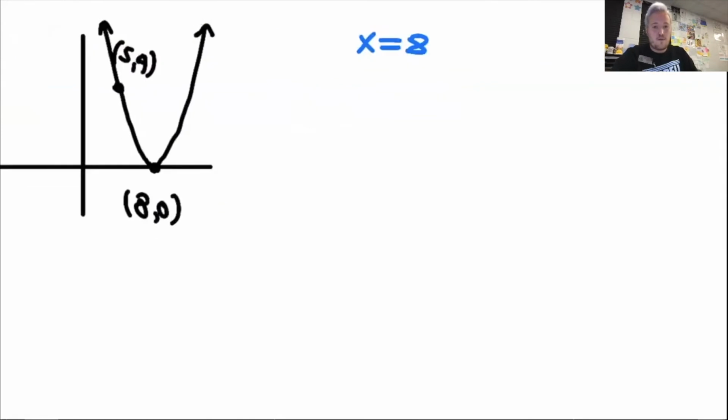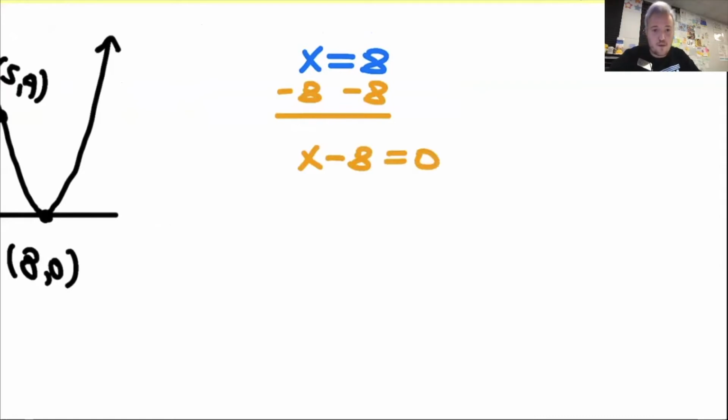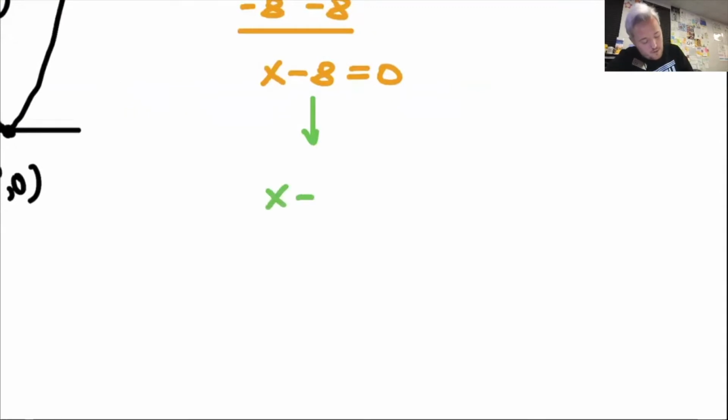Over here, if our root is x equals 8, I'm going to subtract 8 on both sides. So I have x minus 8 equals 0. Because this is also the vertex, I'm going to turn it into a perfect square trinomial.